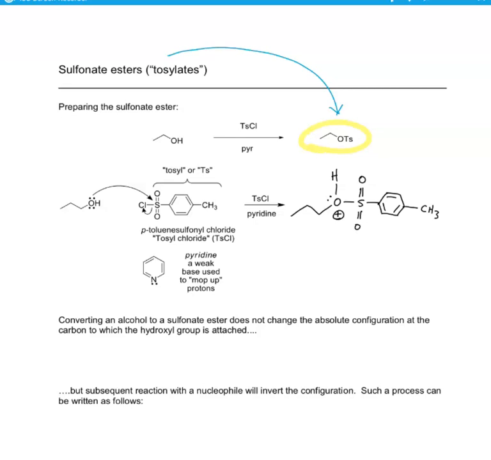What happens in cases like that, one of the things that can happen, is that that oxygen then gets deprotonated. And that's the point of having the pyridine in solution. So the structure of pyridine is shown here. Pyridine is an amine, and it's a weak base that's used as the solvent in this case. And so when this intermediate forms, the pyridine is right there to mop up that proton.